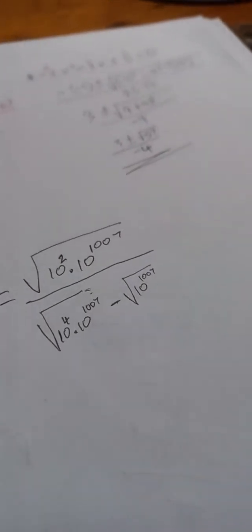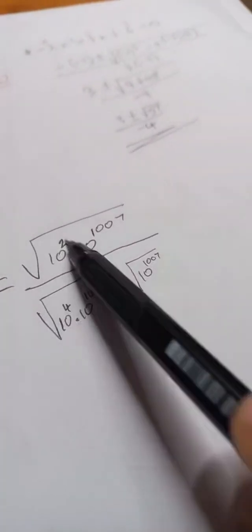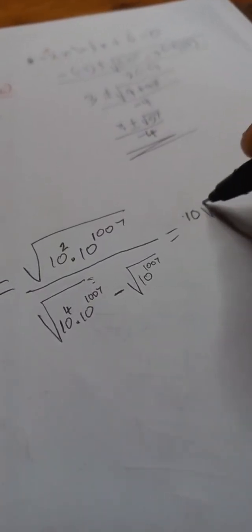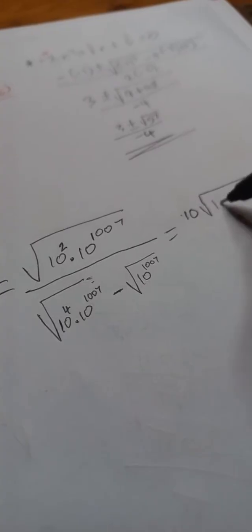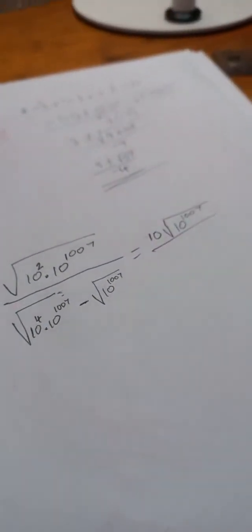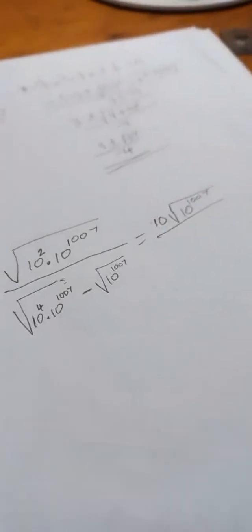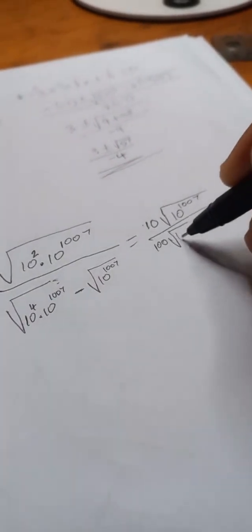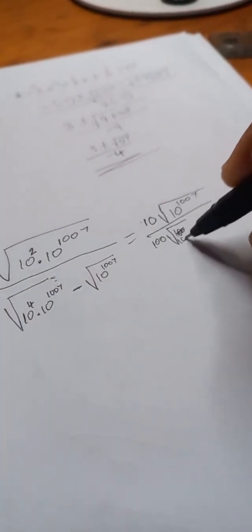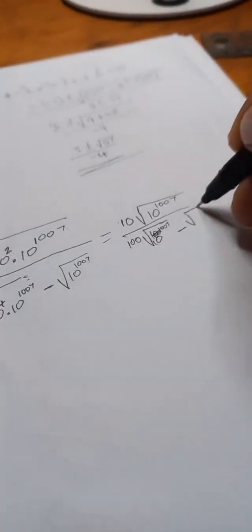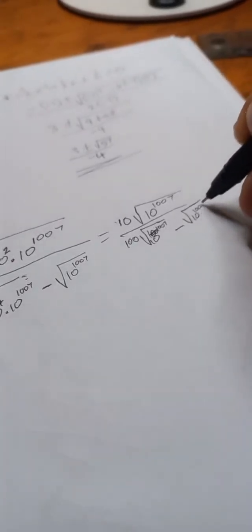Okay, let's just say the square root of this guy is 10. So it's 10 outside, square root of 10 to the power 1007, all over, we come here, 10 to the power 2, which is 100, times square root of 10 to the power 1007, minus square root of 10 to the power 1007.